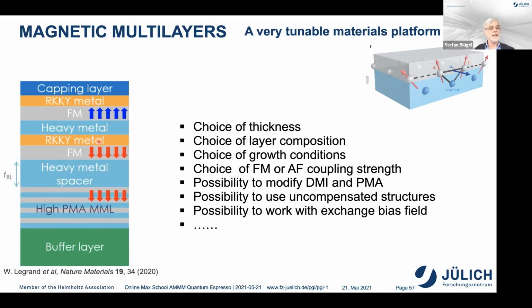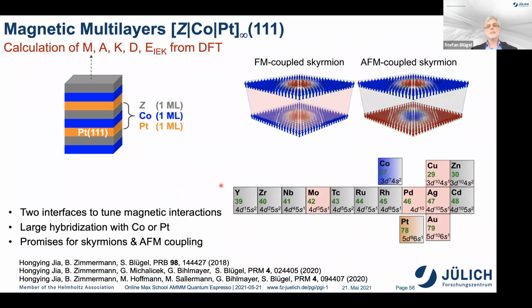For this, we have an RKKY material. This should be antiferromagnetic to minimize the dipole energy, and so on. And you have choices of the thickness, the layer composition, the growth condition, and the coupling strength. And so you have a huge perspective available.